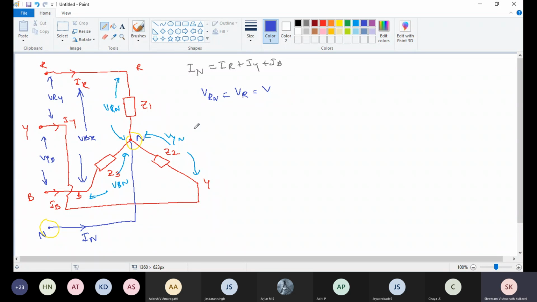We know VRN, VYN, VBN are the phase voltages.